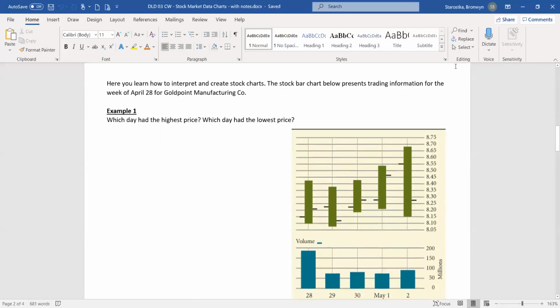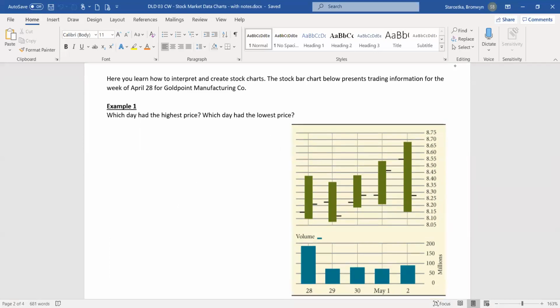Notice that this is for several days. The top half is the day's trading prices. The bottom half, where the blue bars are, is the day's volume.